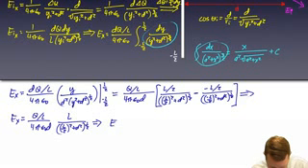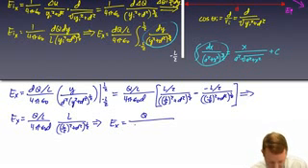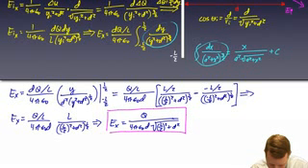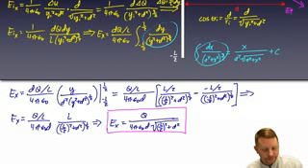So the electric field in the x direction is going to be Q divided by 4 pi epsilon naught d times the square root of L over 2 squared plus d squared. Whew. That's a lot of work, but there it is.